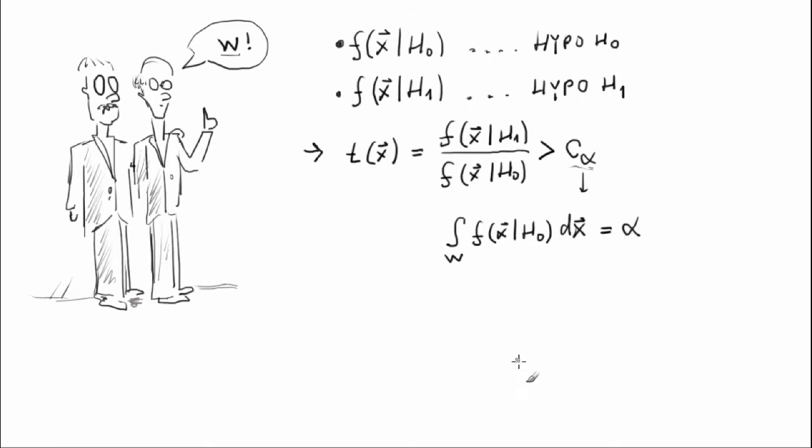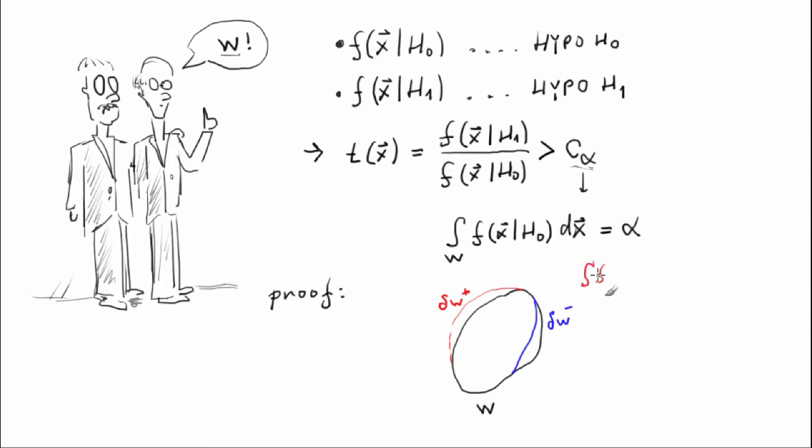The idea why the Neyman-Pearson lemma holds is the following. Let's assume we change the critical region W suggested by the two gurus by adding a small region delta W plus and removing another small region delta W minus.